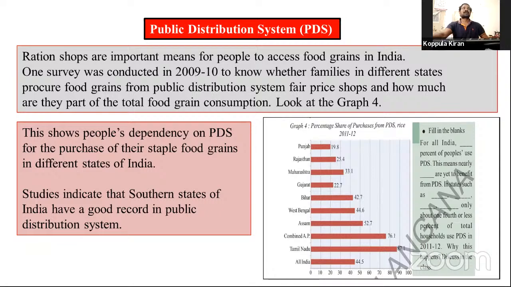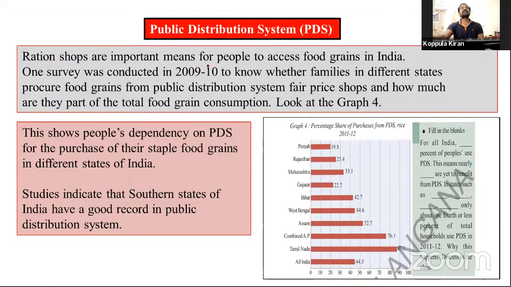This is the food PDS system established by our Indian government. The public distribution system is the food security of India, a way to provide food security for the people.